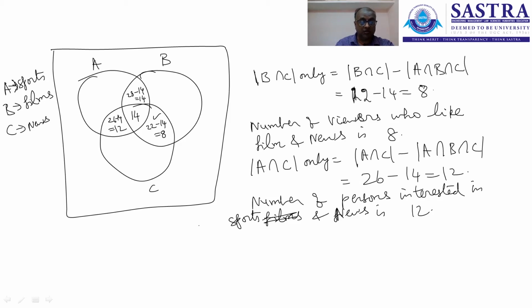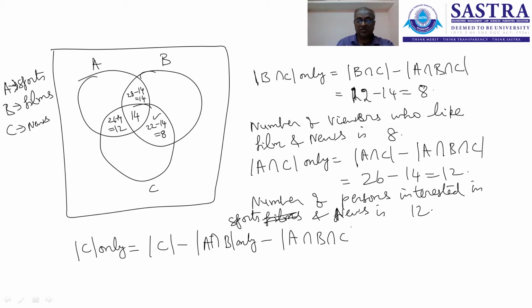Let me write here: the number of C only is equal to the cardinality of C minus the cardinality of A intersection B only minus the cardinality of A intersection B intersection C minus the cardinality of B intersection C only.